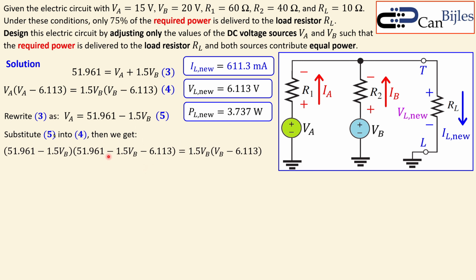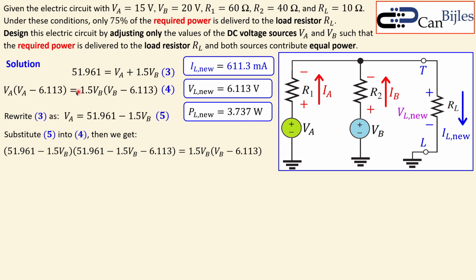So that will be then this. VA will be then this, so you get in parentheses this expression, 51.961 minus 1.5 VB, and then still the second part in the parentheses. And the right hand side is exactly the same as equation number 4.